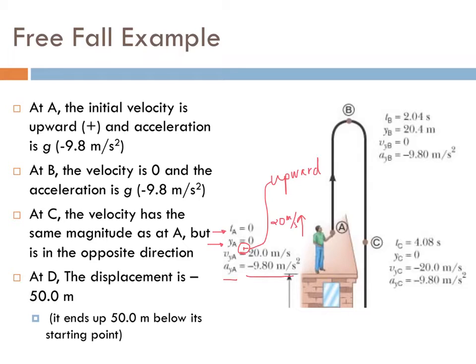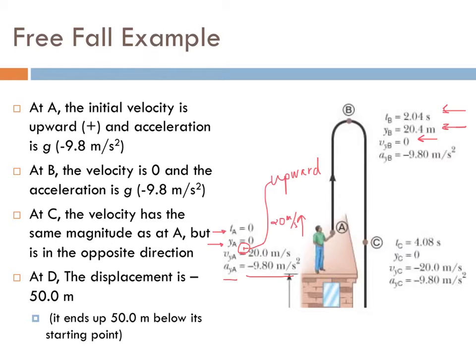At position B, we have reached the top of our path. So here, it's telling us we've gone 20.4 meters. That means we've moved up 20.4 meters. It took 2.04 seconds to get there. And at the highest point, we have stopped. So this is where our 0 velocity comes from.